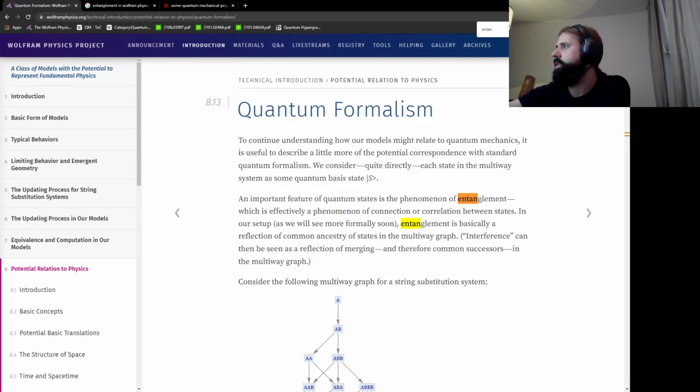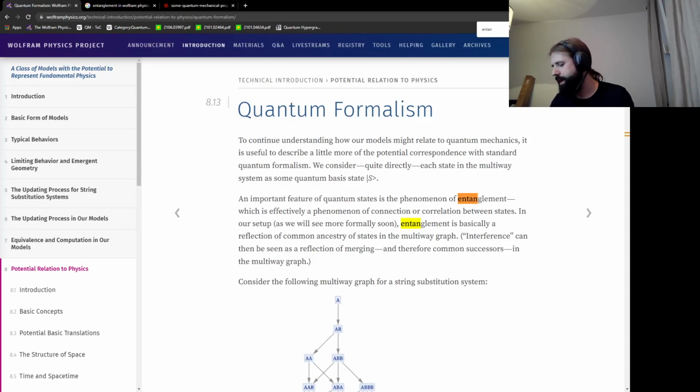That's what I think this is getting wrong, that it's effectively a phenomenon of connection or correlation between states. I mean, in a way, it is, right?